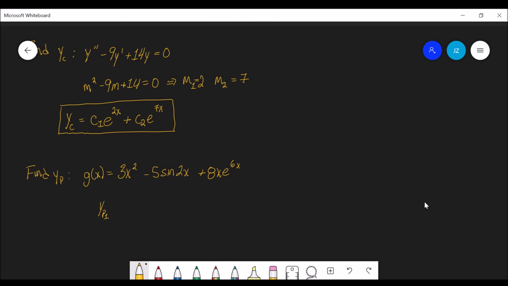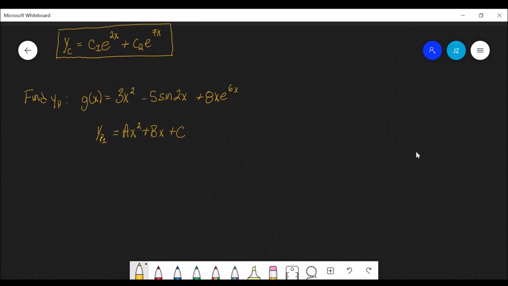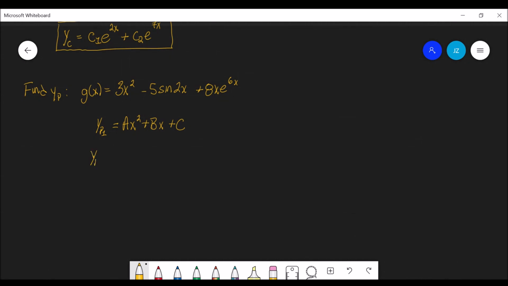So the first particular solution is going to be based off of the 3x squared. So that's a polynomial of degree 2. So y sub p1 will be a polynomial of degree 2. The second particular solution will be based off of this trig function, 5 sine of 2x.